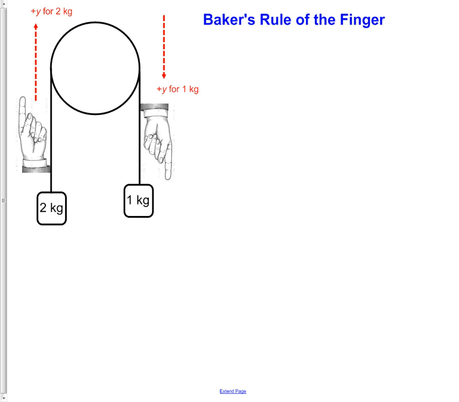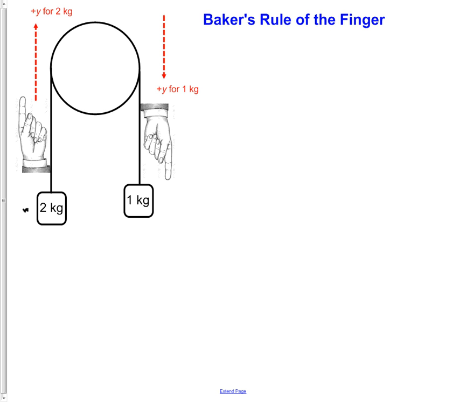If you choose for one of the objects in the system a coordinate system which points in the direction, in this case, as you see in this picture, plus y is up for the 2 kilogram object, okay, then for the 1 kilogram object, you should choose plus y to be down for that guy, okay?